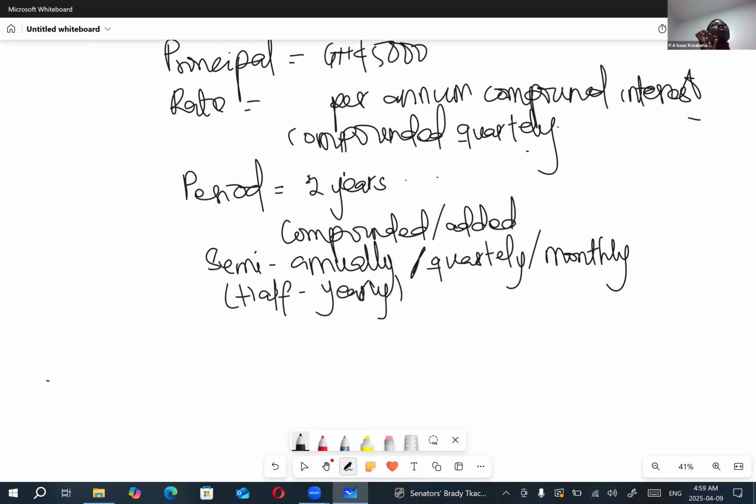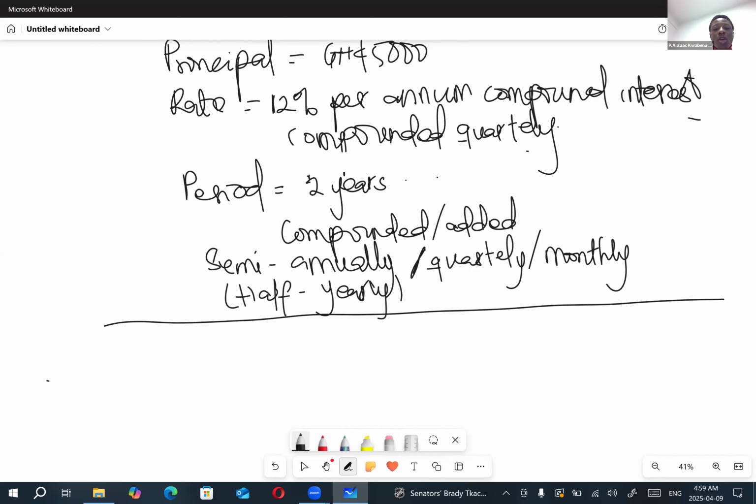So let's use 12% interest rate. So the interest is 12% per year, right? A year is how many months? 12 months. A year involves 12 months.